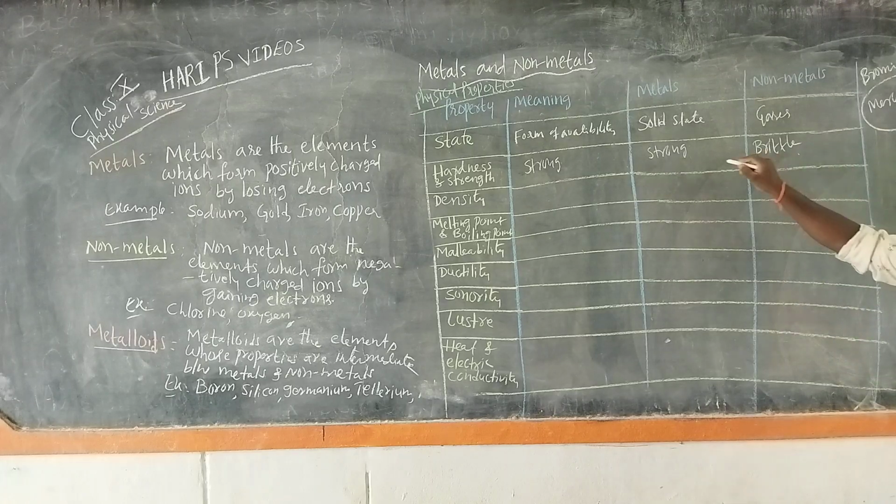Regarding hardness and strength, except sodium and potassium, both are metals but they are soft in nature. Whereas coming to non-metals, diamond is non-brittle in nature. It is a strong one. Diamond is a non-metal, and it is the strongest material in the world.